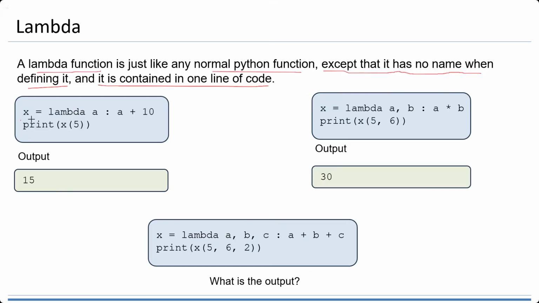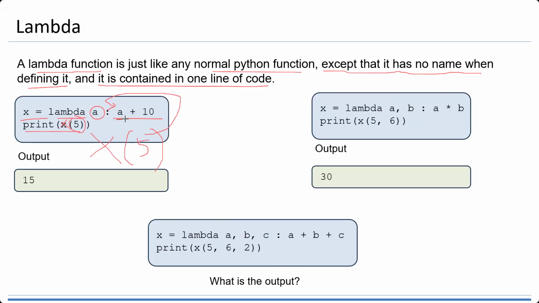So let's say you have x equal to lambda a, where the result will be a plus 10. We can specify print x, and put the value inside the parentheses. So x of 5 means this 5 will be the value of a.